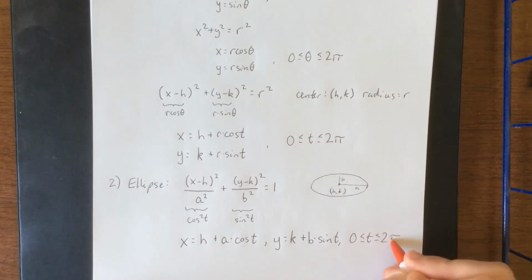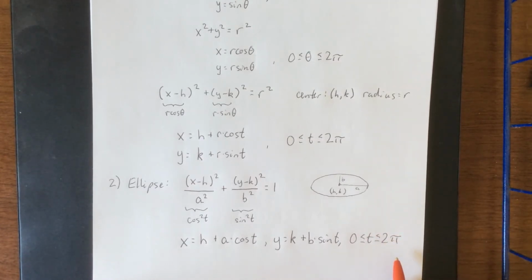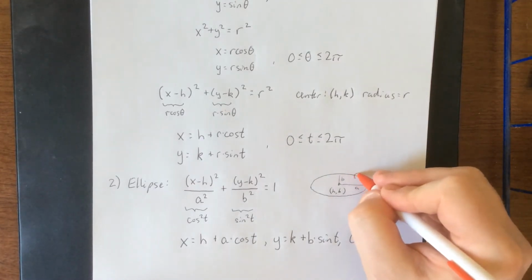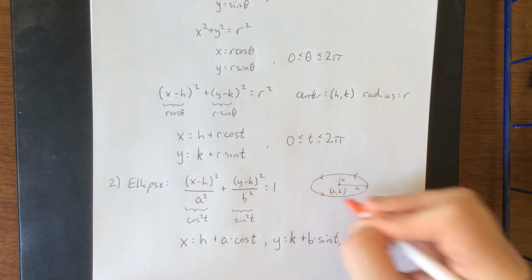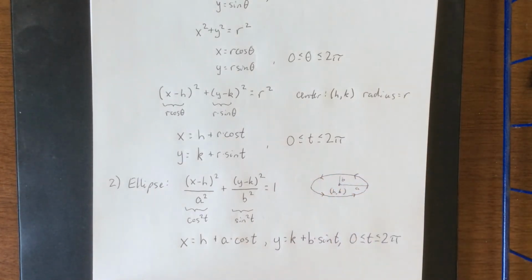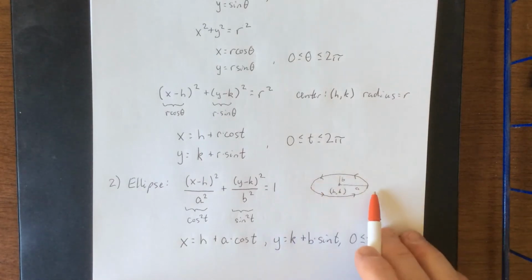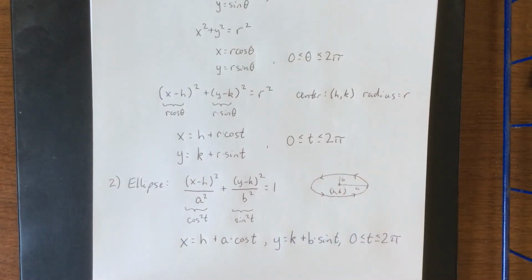Then once again, allowing t to go from 0 to 2 pi would be one full rotation in the positive direction around this ellipse, starting at the rightmost point and ending at the rightmost point, just like the definition for right triangle or unit circle trigonometry.